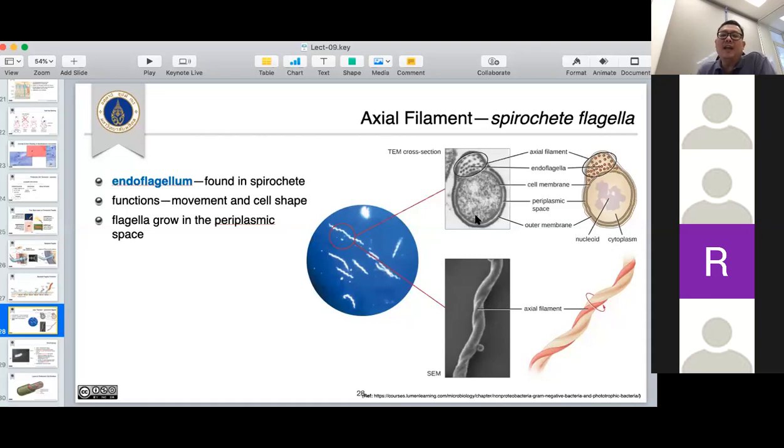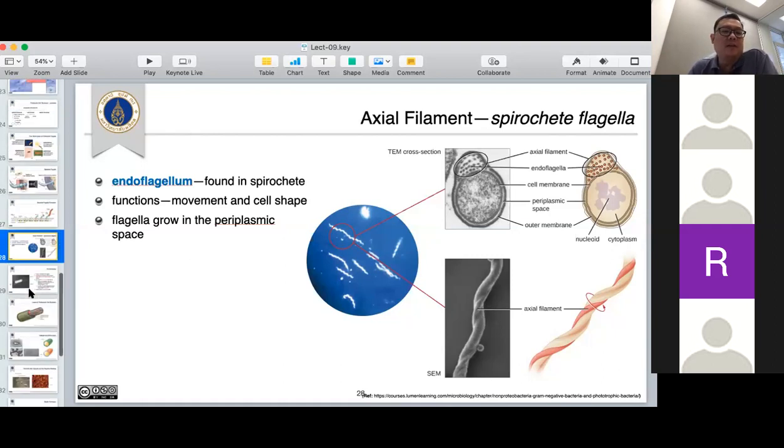Okay, flagella in spirochetes have two functions. One is moving, letting the cell move. And the second one is that flagella determine cell shape. They wrap the cells, making the cell twist into the spirochete shape. Okay.